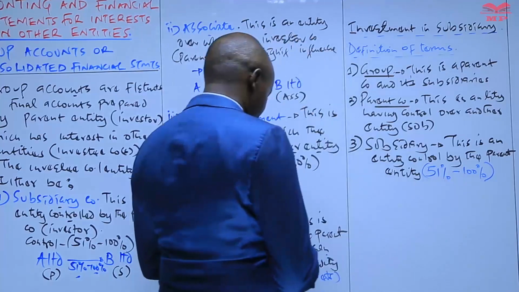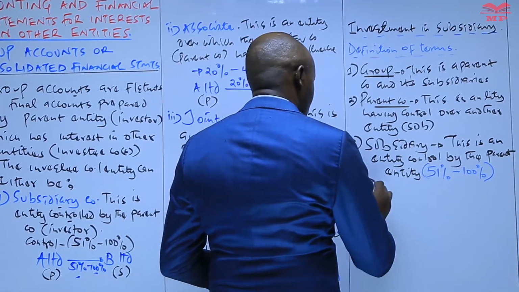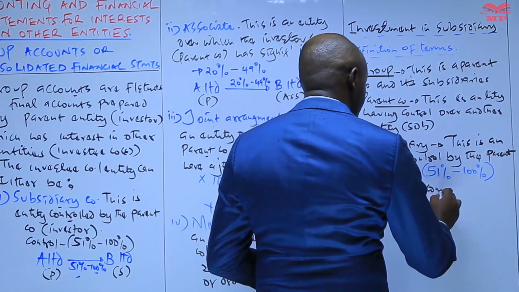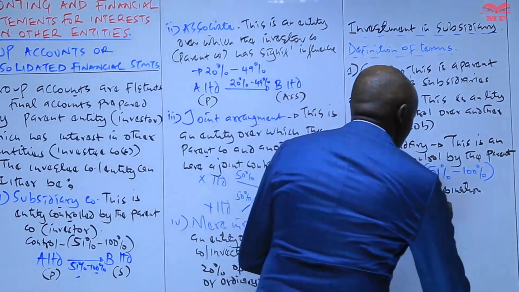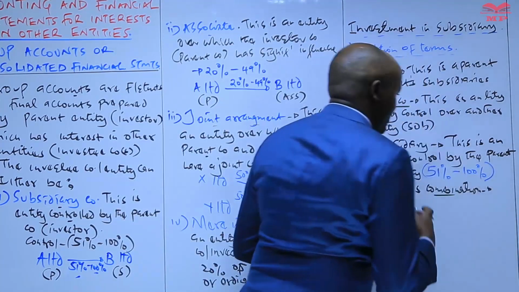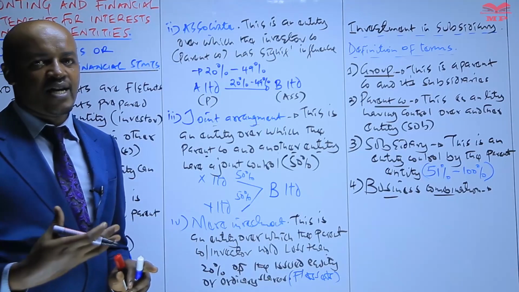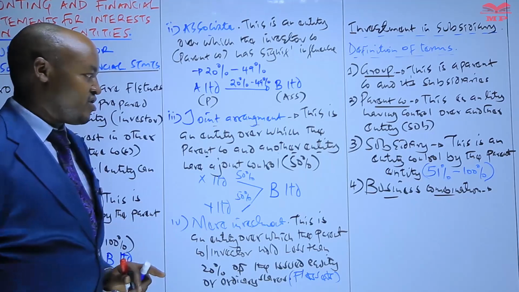Then from there we can define the other term, number 4, and that is business combination. When we talk about business combination, this is the transaction through which the parent entity acquires control over the subsidiary.